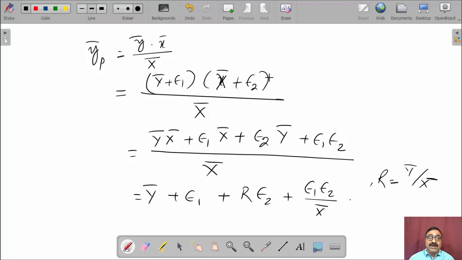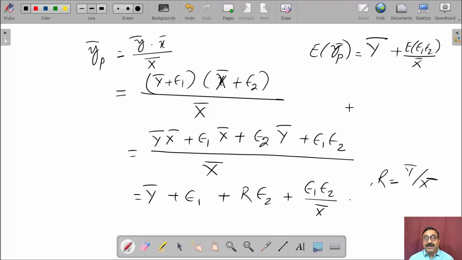Now, expectation of the product estimator Ȳ_p is equal to Ȳ; expectation of epsilon 1 will be 0, R times expectation of epsilon 2, this expectation will also be 0, plus only we have left epsilon 1 epsilon 2 by X̄.